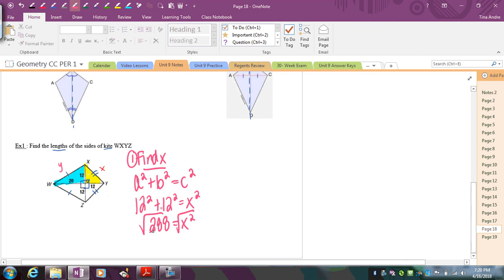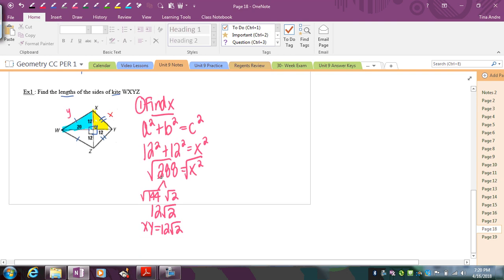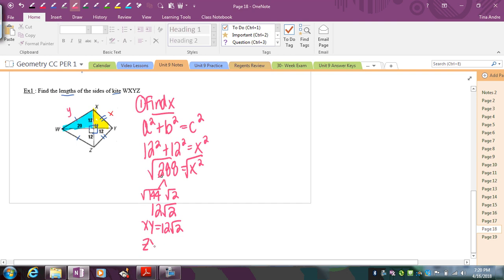I have two groups of 144, or two groups of 12 squared. So my largest perfect square is going to be 144, and 144 times 2 is how I get that. So this is going to give me 12 root 2. So side XY is going to be 12 root 2, and the other side ZY will be 12 root 2. So there's two sides.